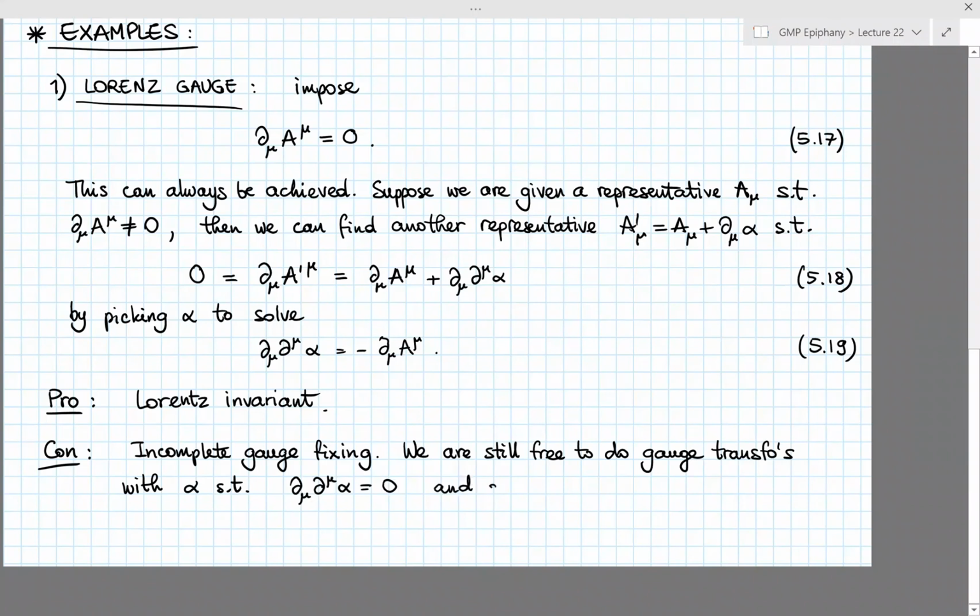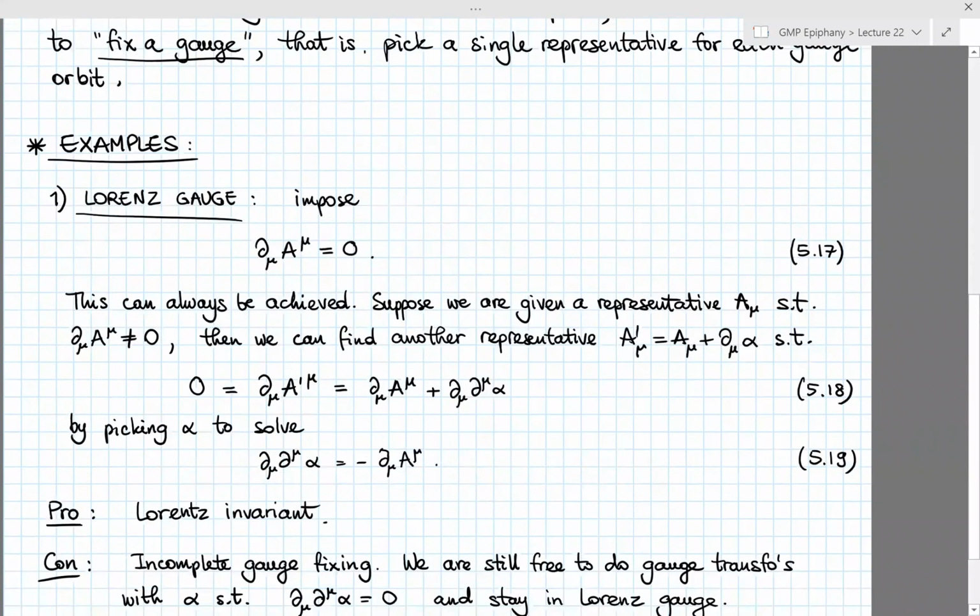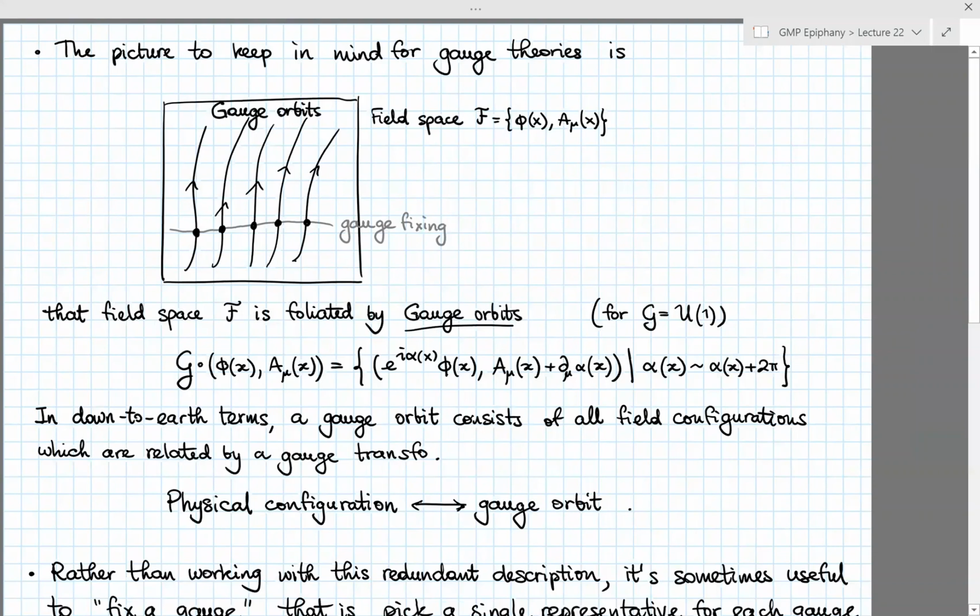And this will keep us in the Lorentz gauge. So the Lorentz gauge is nice, Lorentz invariant, but it doesn't really fix a gauge uniquely. So this picture that I had up here, where the gauge fixing determined a single representative for each gauge orbit, actually doesn't apply to the Lorentz gauge. So one has to supplement this by further conditions.